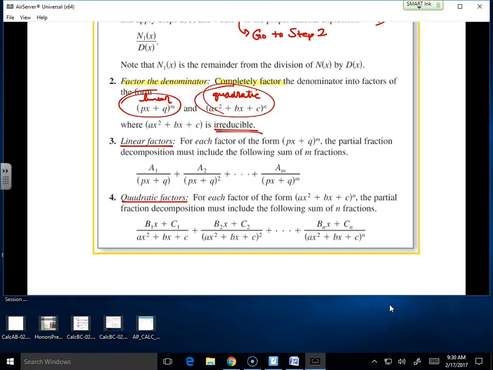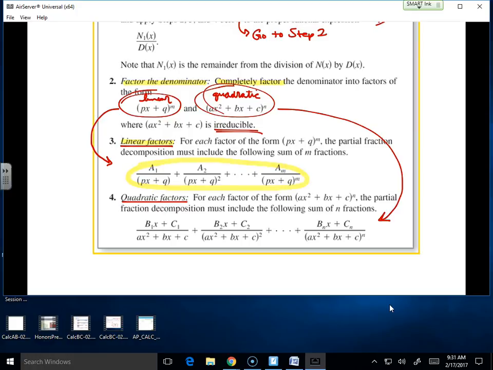Now, depending on what you get in step 2, you're going to be pointed two different directions for step 3. So we'll just say 3 and 4 kind of go together. If you get linear factors, you're going to have to make partial fractions for each of them, and partial fractions for linear factors will look in this form.